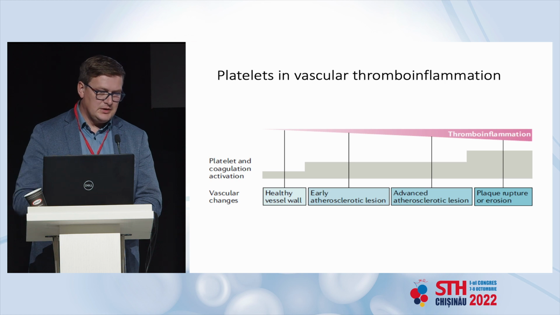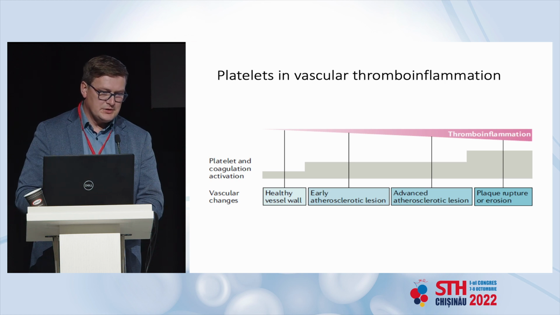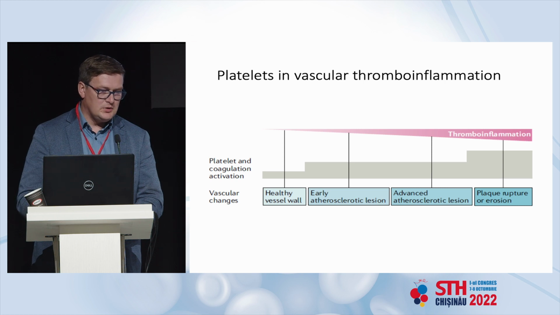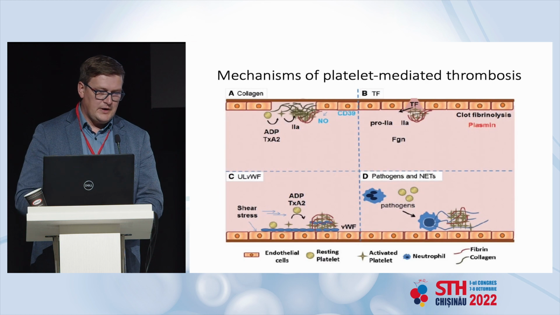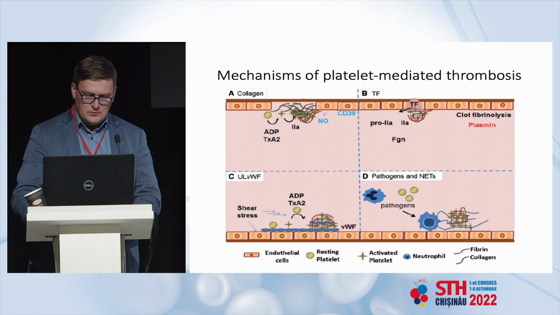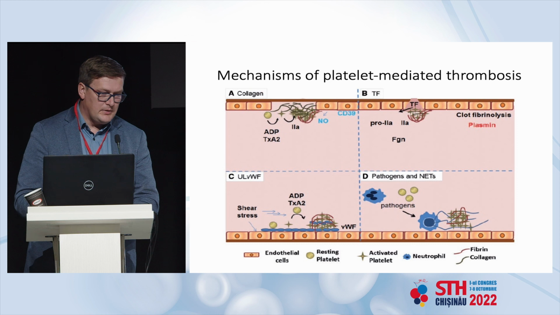There are four main mechanisms in thrombosis for platelets. Two are classical ones: activation via collagen and von Willebrand factor, and the second with tissue factor activation, thrombin generation, and then platelet activation. What I wanted to emphasize more are the two less known mechanisms.